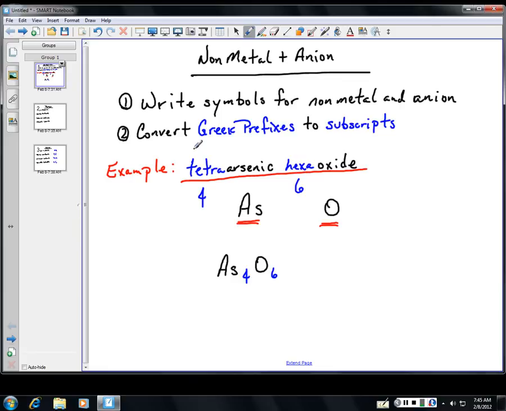Maybe you'll be lucky enough to have them on a sheet for any exam or quiz, but it never hurts to know them. Tetra is Greek for 4, and hexa is Greek for 6. So as we say up here, we're going to take those Greek prefixes and make them the subscripts on each of our symbols. So the correct formula we would write would be As4O6.